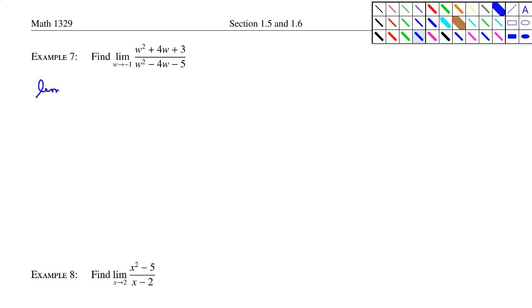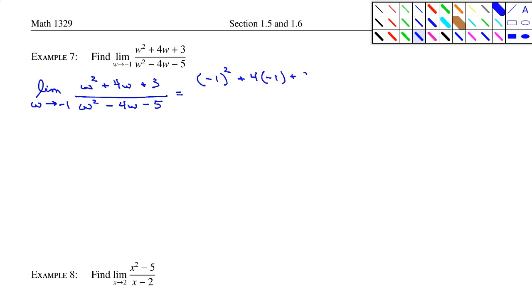We start with the evaluation phase. So the limit as w approaches -1 of w squared plus 4w plus 3 over w squared minus 4w minus 5. Let's try evaluation. So we get -1 squared plus 4 times -1 plus 3, divided by -1 squared minus 4 times -1 minus 5.